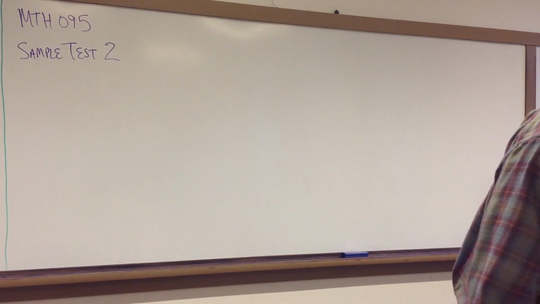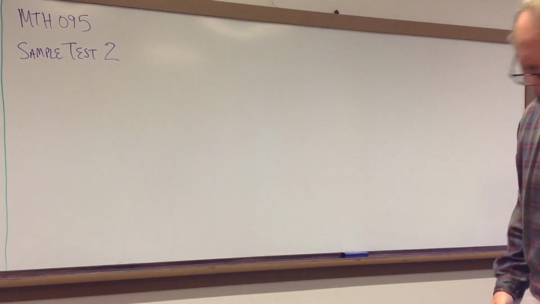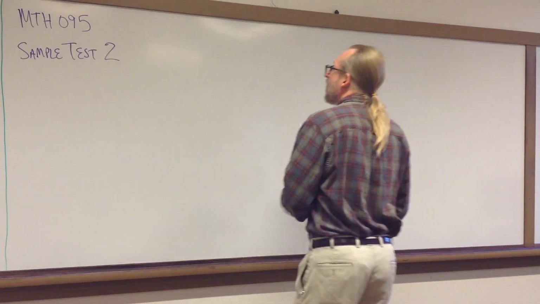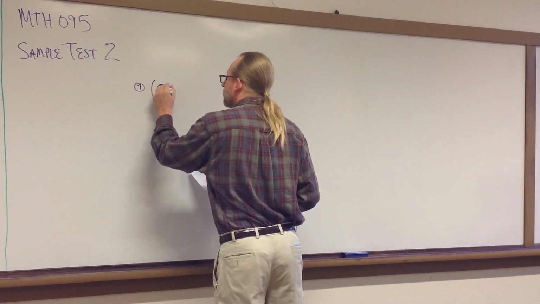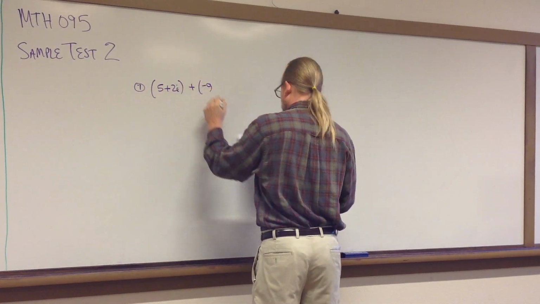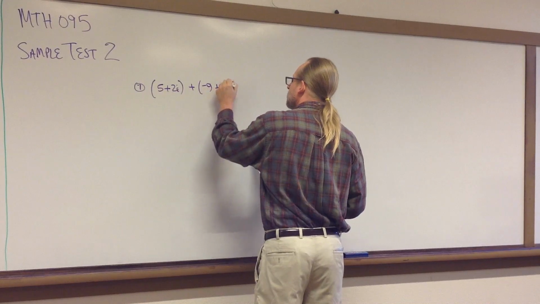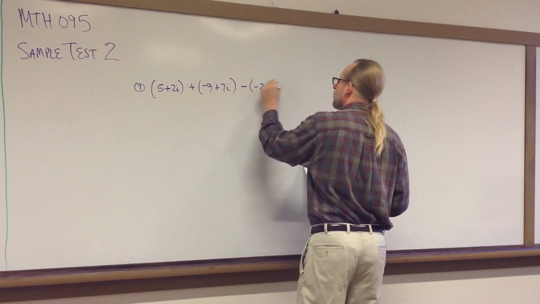Okay, problems 7 and 8 have to do with complex numbers. (5 plus 2i) plus (negative 9 plus 7i) minus (negative 2 plus 12i).